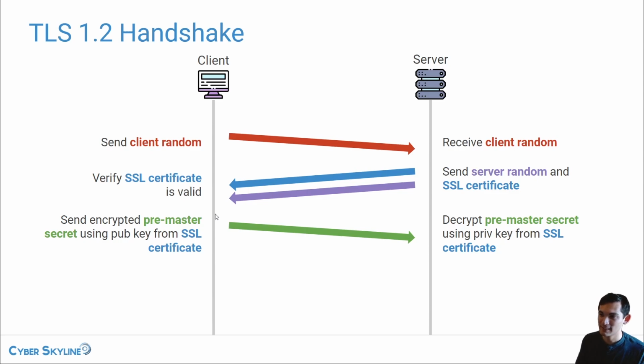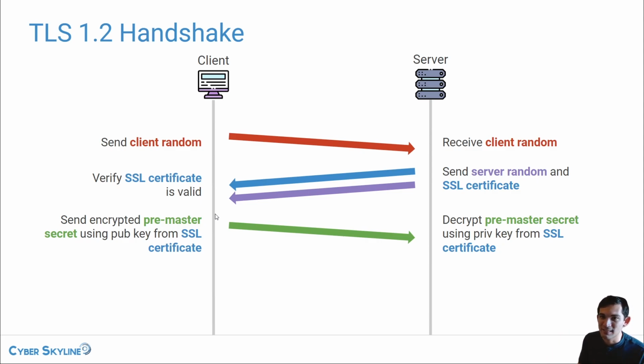So this is being sent over the internet, but it is encrypted, so people cannot decrypt and get that pre-master secret in theory. But the server can go and decrypt it and obtain the pre-master secret. And then at this point, the combination of the client random, the server random, and the pre-master secret can be used by both sides to actually generate the encryption key.